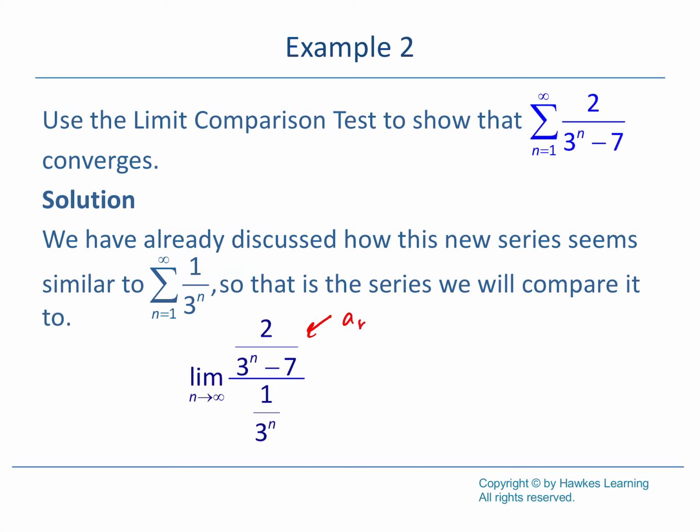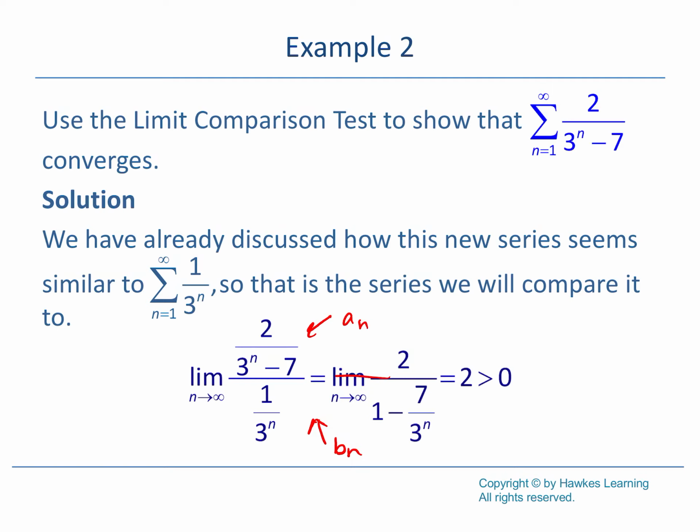This is an on the top over bn on the bottom. Oh, and this is going to, oh, great. And when you reduce some stuff there, you end up finding out that the limit is 2. Yeah, and that's just some algebra. I mean, I suppose you could use L'Hopital's rule and stuff like that.